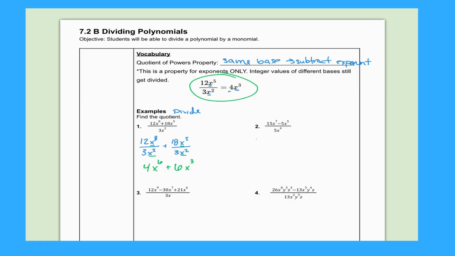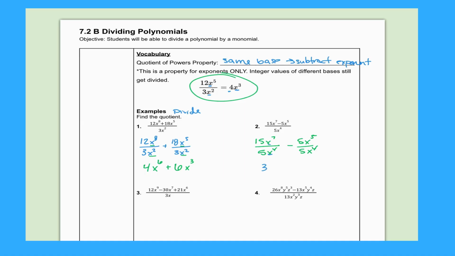Same thing for number 2, so I'm going to take each term in the numerator and then divide that by the denominator. I have minus, and the second term gets also divided by that denominator. And then 15 and 5, we just divide like normal because they're not like bases, that is 3.